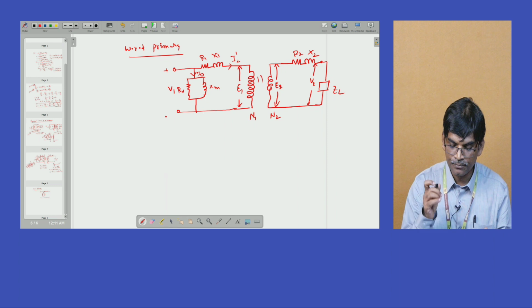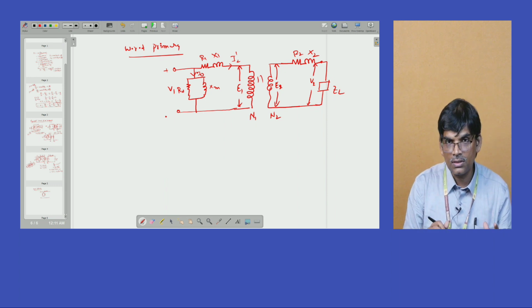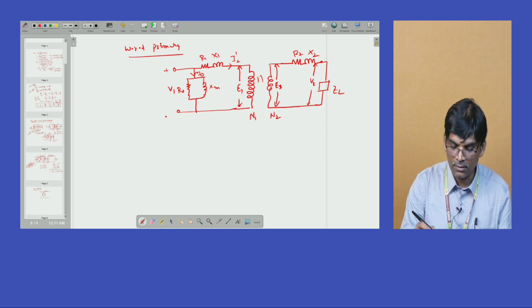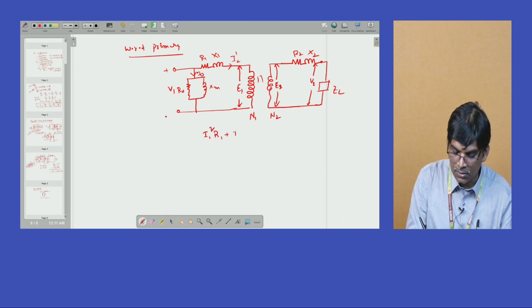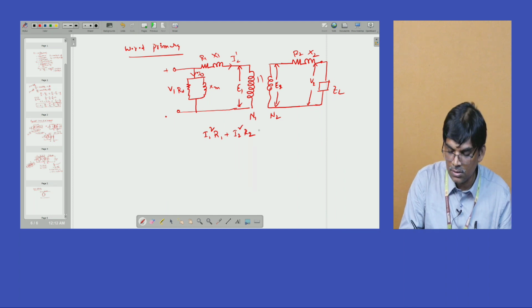For example, the total loss of the primary winding and secondary winding copper losses is I1 square R1 plus I2 square R2. With respect to primary, we call it I1 square R01.